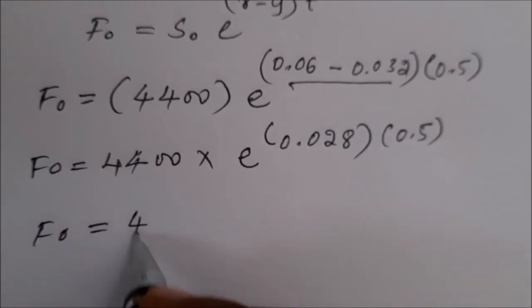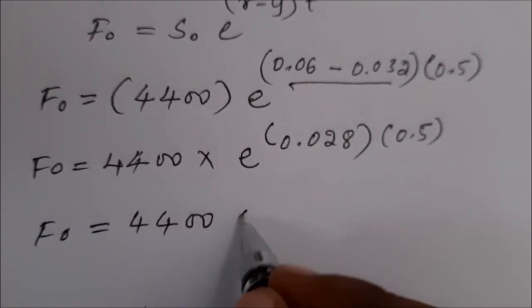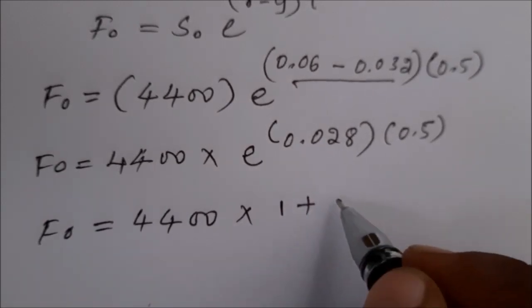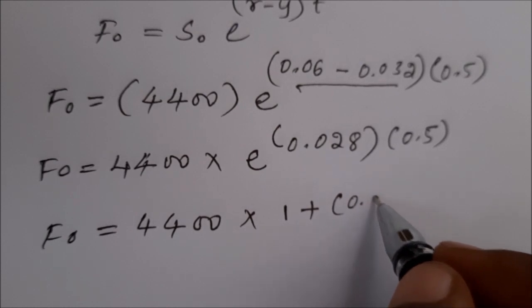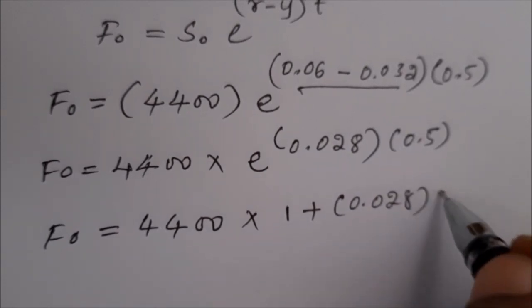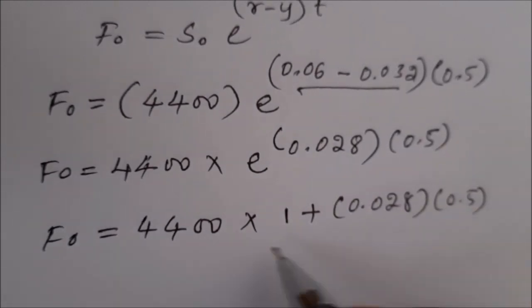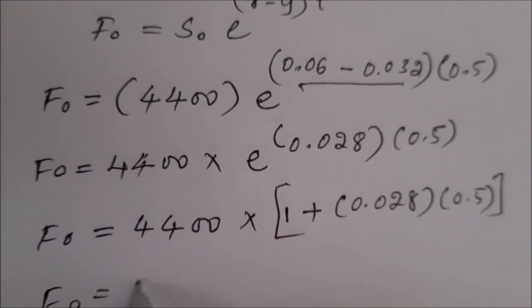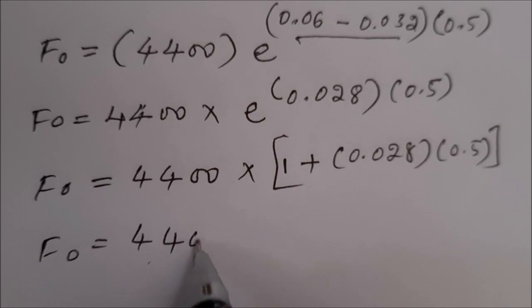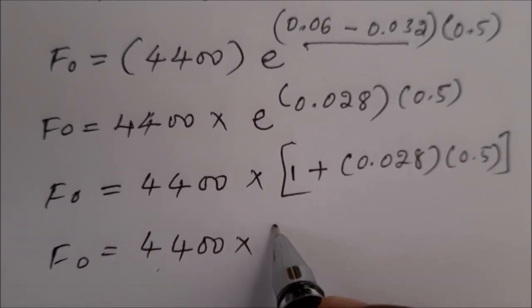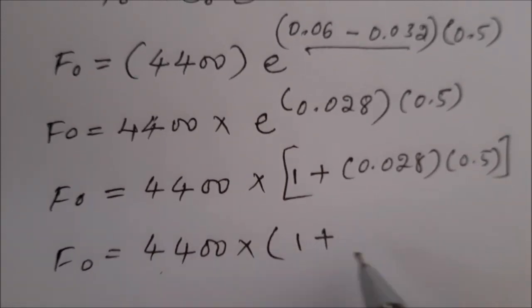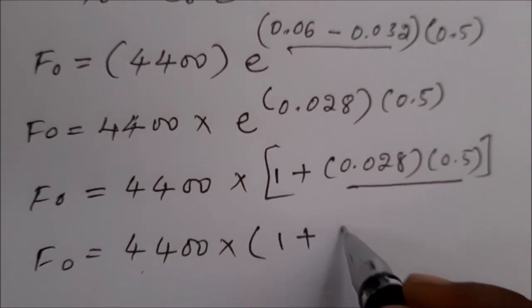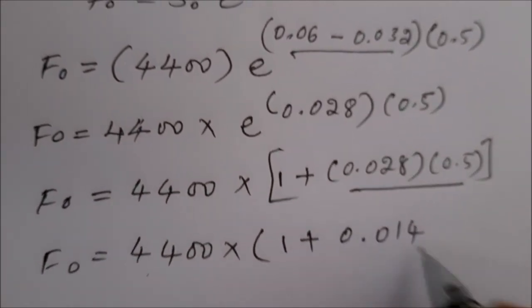F naught is equal to 4,400 into, in a bracket, 1 plus 0.028 into 0.5. Multiply both, we will get 0.014.